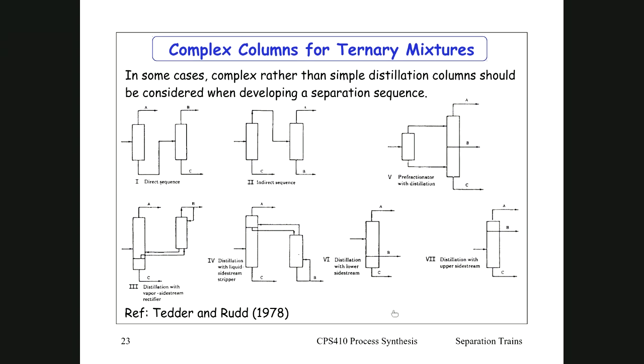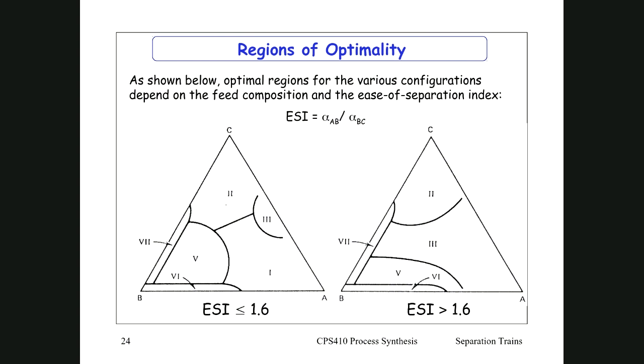Right, so let's go back to that one. That was type 5, and you can see the type 5 is quite a big area, and it also occurs on this side. Yes, Wilco. Hello, Prof. Hi. Sorry to bother. Just a quick question. The setup for 5 with the pre-fractionator with distillation.